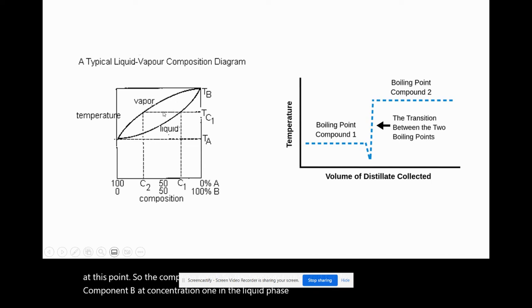But if we look at what's going on in the vapor phase, work our way across, we can see that it is more enriched now in component A in the vapor phase. So what this means is that A is the more volatile compound, the one with the higher vapor pressure, and B is the one with the higher boiling point and lower vapor pressure.